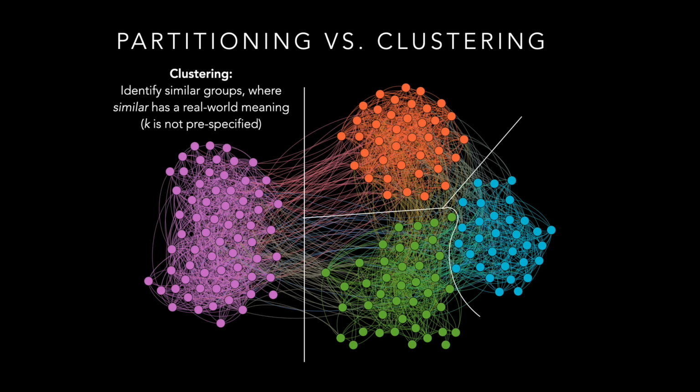Clustering, however, doesn't necessarily have to have a pre-specified K. Instead, the structure around clusters doesn't necessarily have to be built by the number of edges that you cut, so much as we expect clustering to capture some idea of similarity. And similarity may not be directly available to us within the graph, but we hope that by extracting these clusters, we have some proxy for similarity that has some real-world meaning to the nodes in the graph.